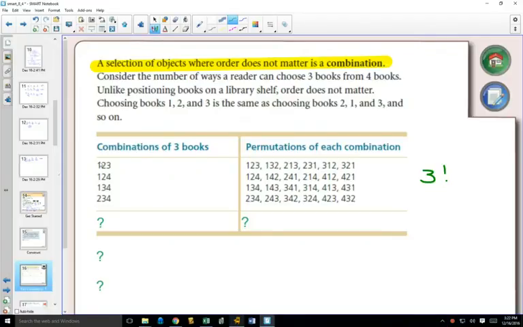So just like we divided out the repetition of identical objects, we have to divide out the repetition of the ordering if we want to get rid of the order. So what we can do is take our permutations, how many permutations are there for P3, and divide out the order.